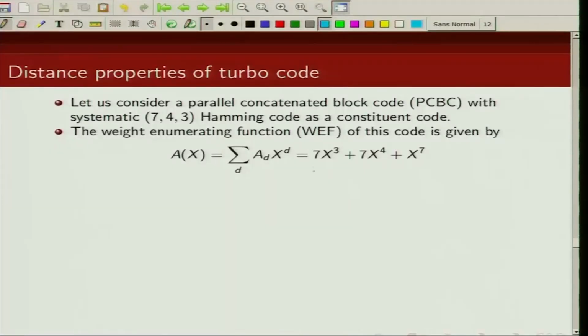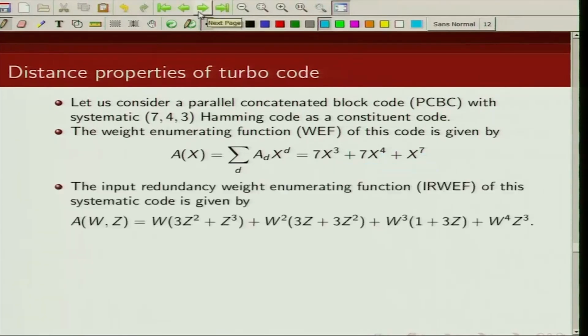Now we know in a systematic form the weight enumerating function of Hamming code is given by this expression. There are 7 code words of weight 3, 7 code words of weight 4 and 1 code word of weight 7. So these are the non-zero code words in a systematic 7/4 Hamming code.